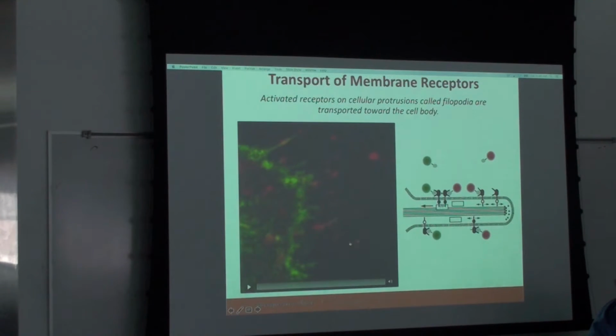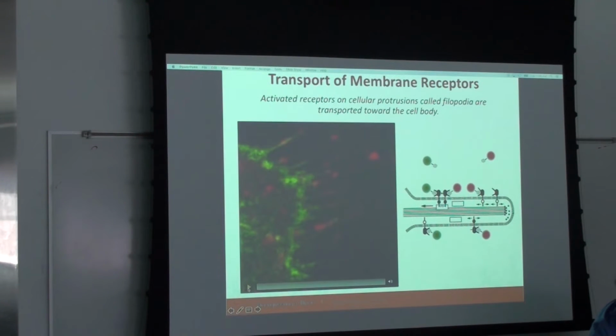One of the first things that was discovered, in 2004, was by Diane Lidke at the University of New Mexico. Basically, this is the same biology that we were just looking at, the EGF and the EGF receptor. They found that you can observe these growth factors being taken into the cell from long spindly fibers that extrude from the cell.